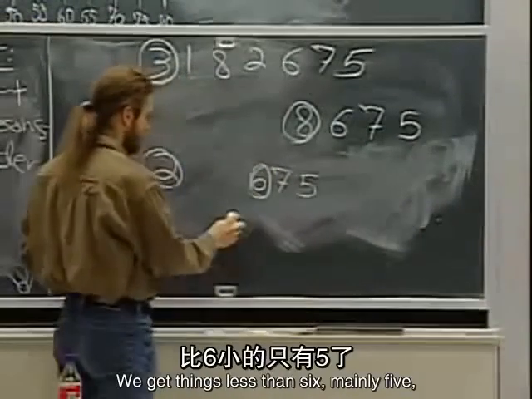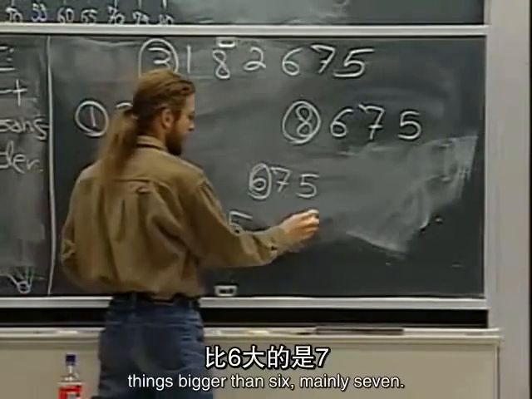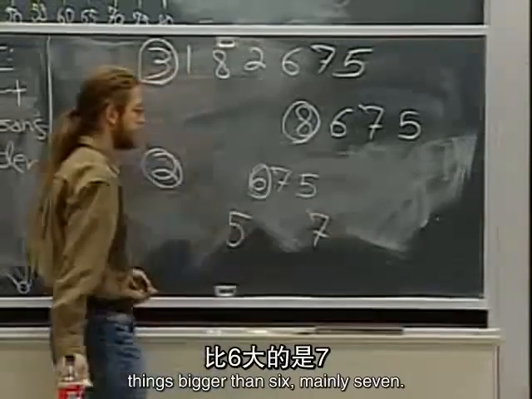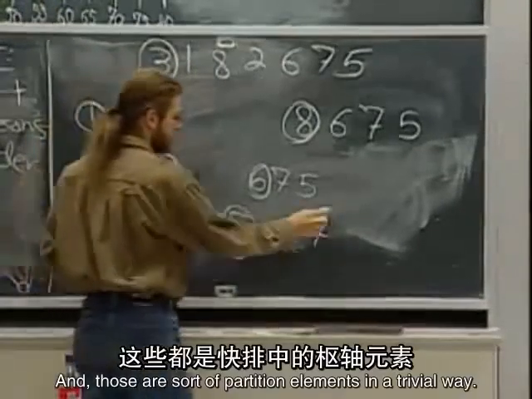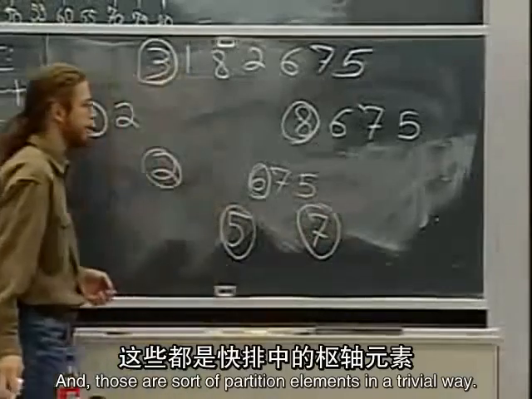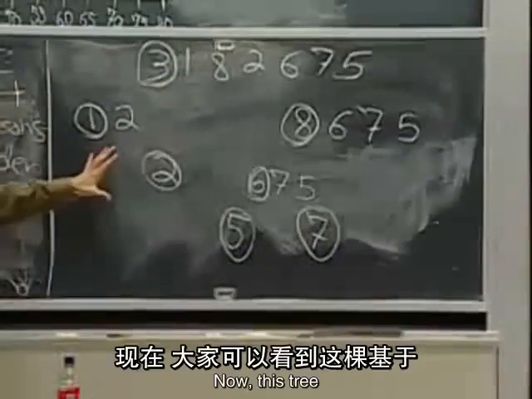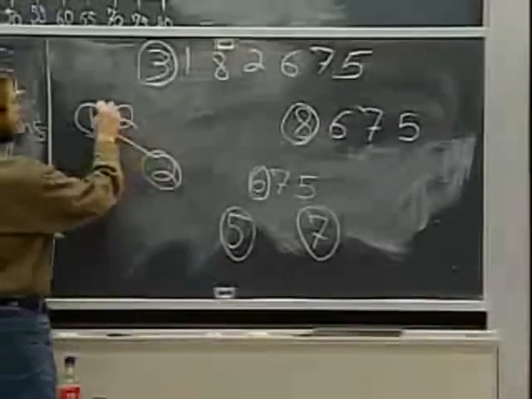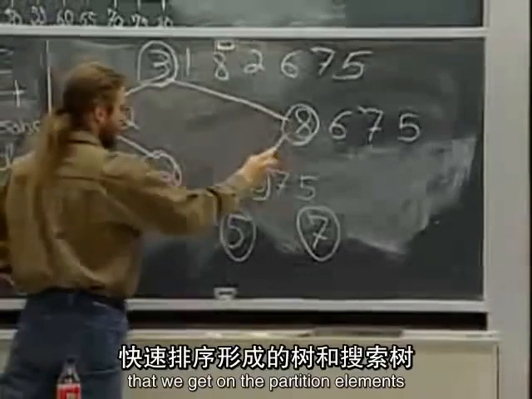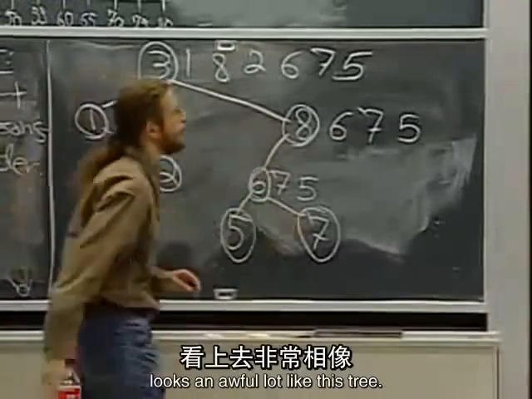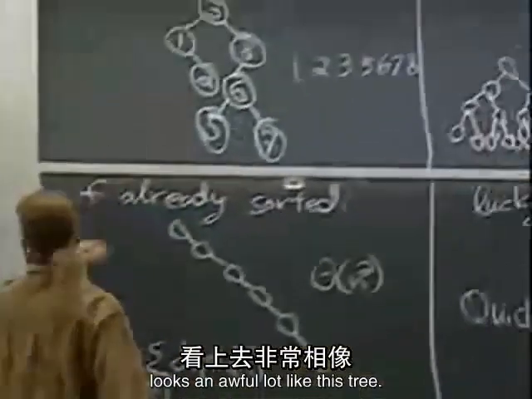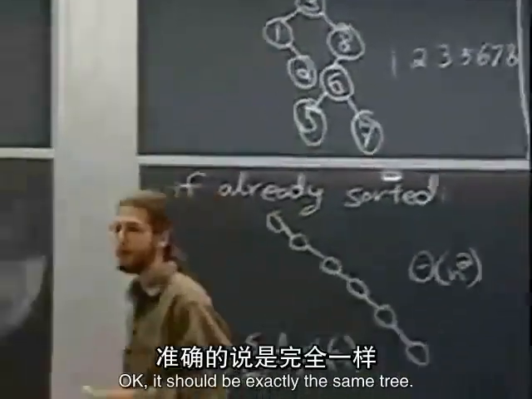We get things less than 6, namely 5, things bigger than 6, namely 7. And those are partition elements in a trivial way. Now, this tree that we get on the partition elements looks an awful lot like this tree. It should be exactly the same tree.